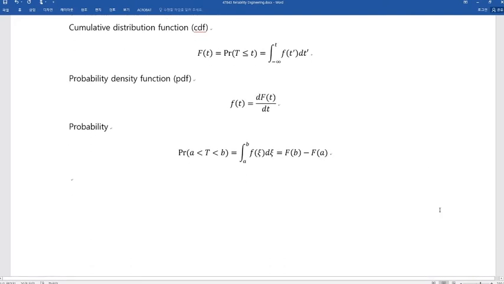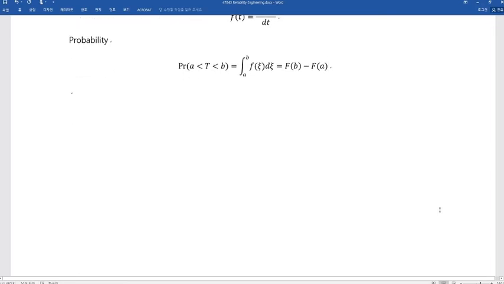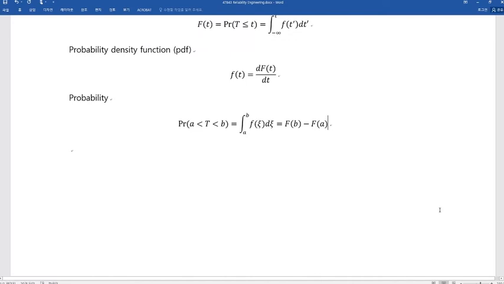And with this knowledge in mind, we are going to review several continuous distributions. I guess you may be familiar with some of them, but for others, this would be the first time you would see what such probability distributions are.